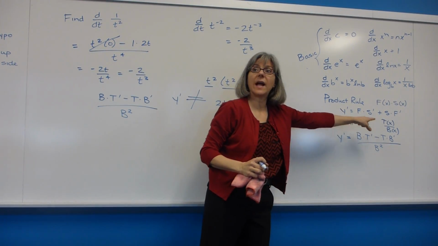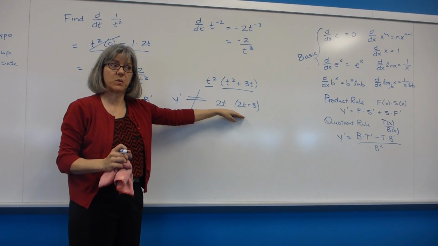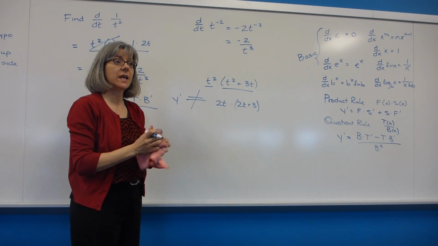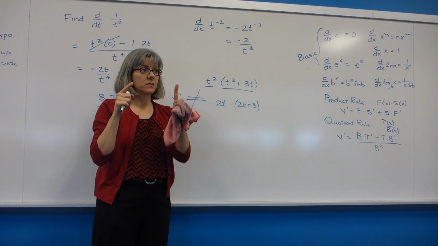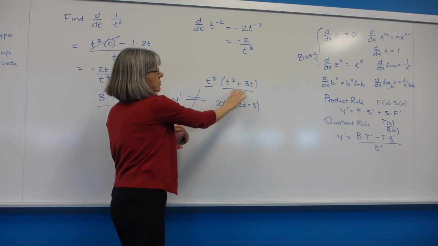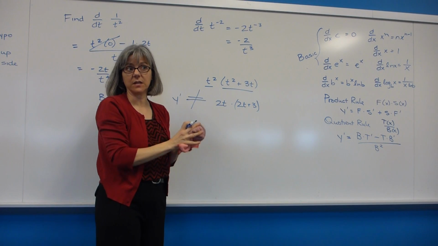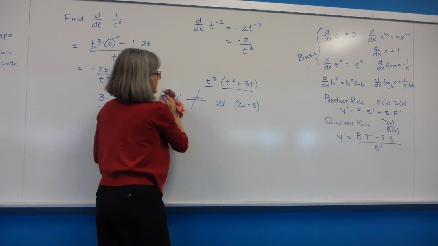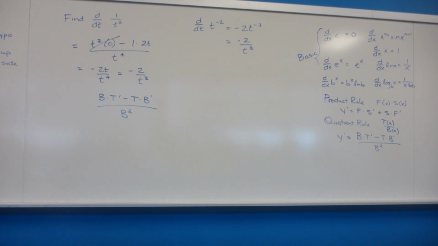No, the product rule has two terms. If you write down one thing like this, you know you have done it wrong, because the product rule will have two terms. Each term has one function and the derivative of the other function, and then it flips for the second term. So this is not correct. Now, you could multiply this out. On the test, that's what you were meant to do, just multiply it out, and then it's an easy one to do. But you can't just take derivatives of pieces. Okay, any questions so far?